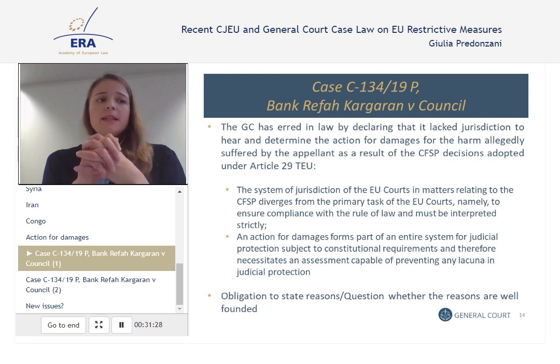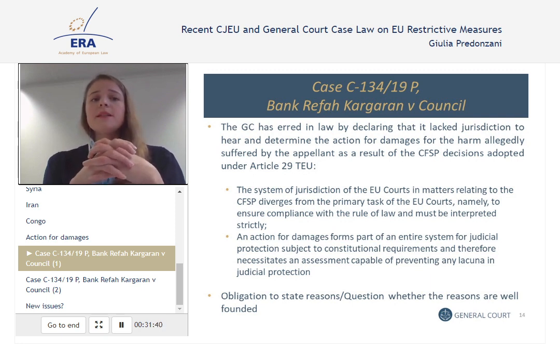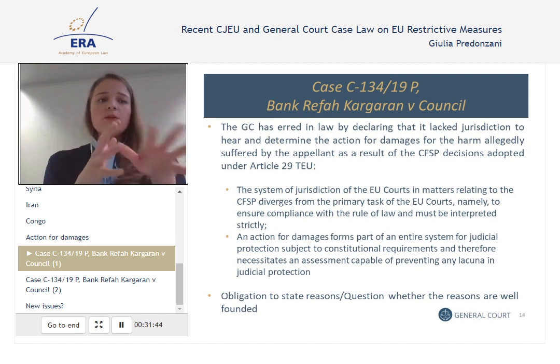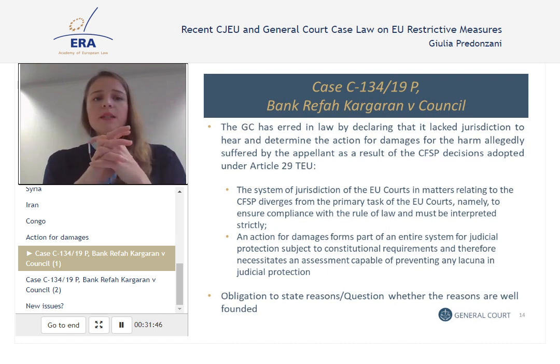One has to bear in mind, as far as concerns the CFSP, the rules governing the jurisdiction of the courts of the European Union have, since the entry into force of the Lisbon Treaty, been characterized by an exclusion in principle tempered by two exceptions, one of which relates to the assessment of the validity of the Council decision adopting restrictive measures.